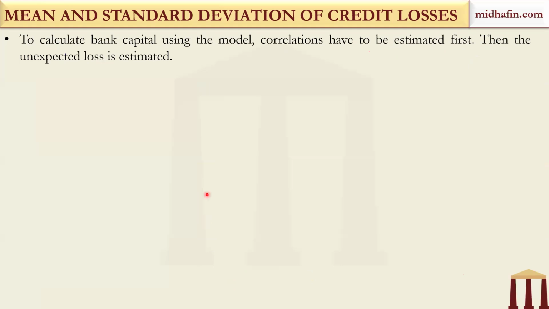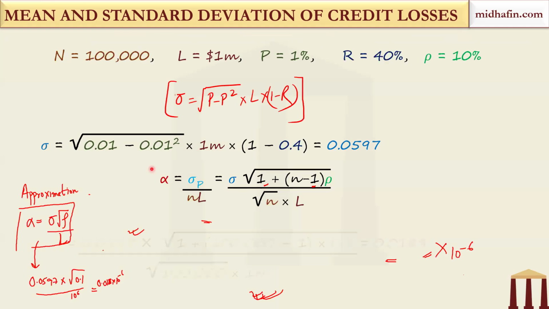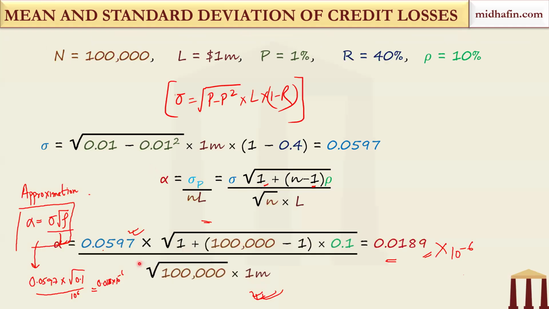So you can say it's a derived, implied quantity. It's not a directly interpretable quantity, because if you want to interpret properly, you interpret sigma p. Alpha is just sigma p divided by NL, nothing else. The 10 to the power minus 6 came in the calculation, because 1 million is 10 to the power 6, right?